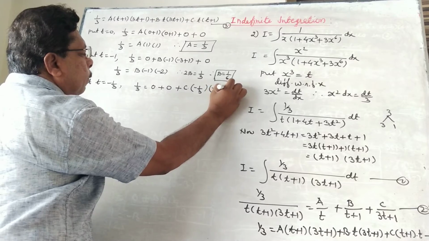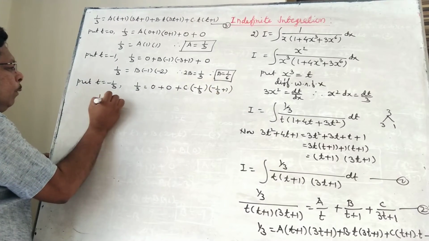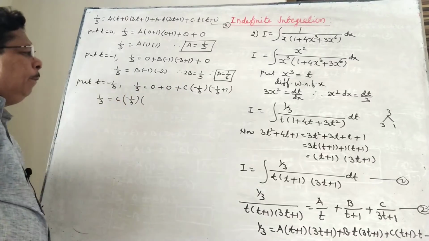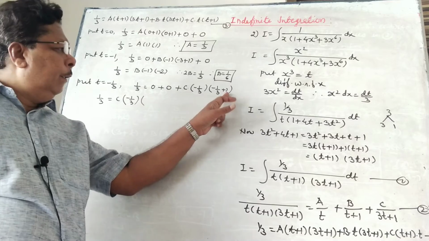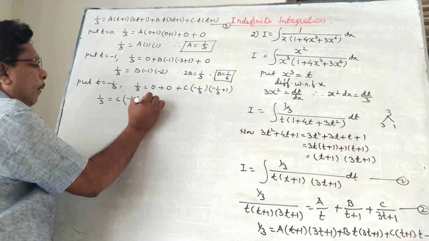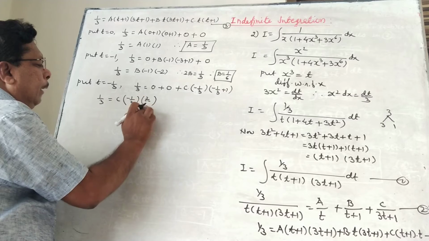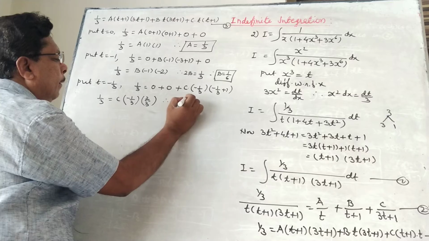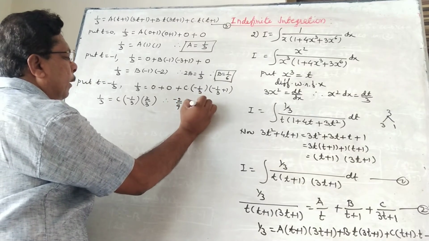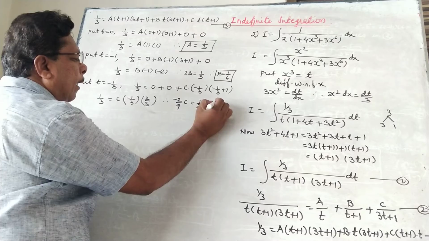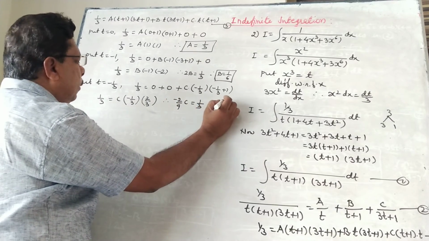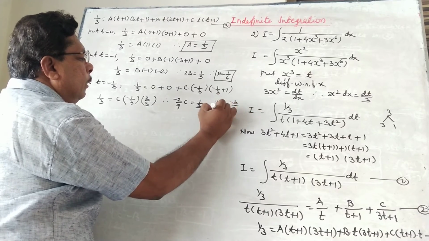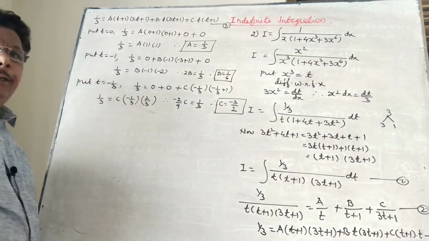Minus 1 by 3 plus 1: 3 ones are 3, 3 minus 1, 2 by 3. So 1 by 3 is equal to c into minus 2 by 9. Therefore c is equal to 1 by 3 into minus 9 by 2. 3 3s are 9, so c equal to minus 3 by 2. This is the value of c.